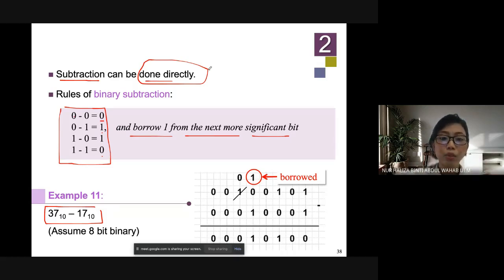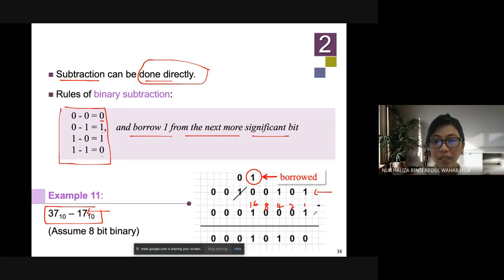But we will use direct, which is we directly convert this number, 37 and this is 17. So you can see this one, I always have to calculate because I am not good at converting directly. So this one is 1, 2, 4, 8, 16. So from here 16 plus 1, I get 17.